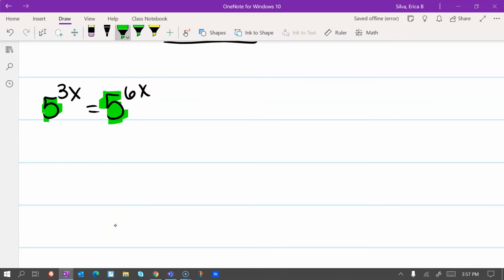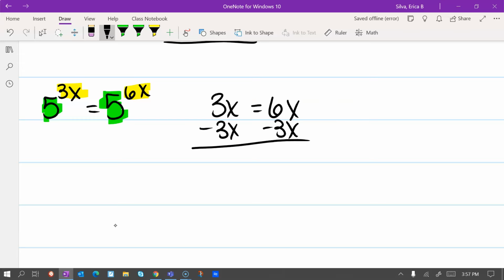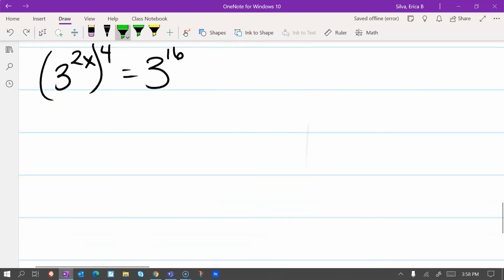Bases are equal to each other, so we can set exponents equal to each other. Want to subtract 3x. This gives us 0 is equal to 3x. We can divide by 3, and we get x is equal.